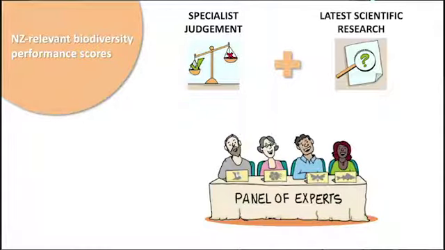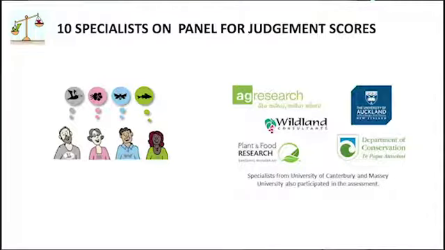And a second exercise where we're looking at the scientific literature: how well does that literature actually back up those opinions? So we started out with a group of 10 biodiversity specialists from a whole range of different organizations, CRIs, universities, government departments, and consultants who contributed to this exercise.